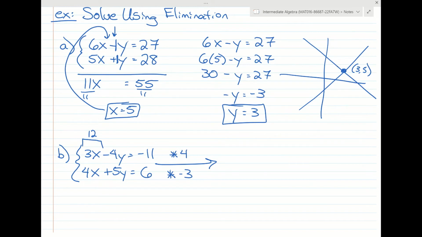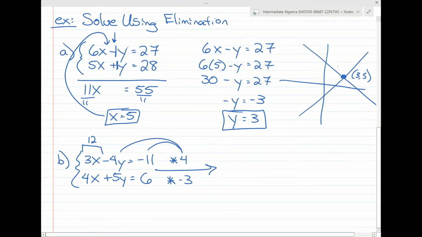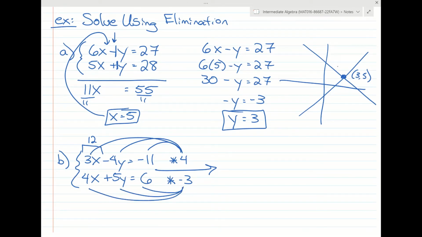If we do that, we're going to have to multiply everything by 4. This would be 12x minus 16y is equal to negative 44. And this would be negative 12x minus 15y is equal to negative 18. We could have also multiplied the y's to get 20s, but sometimes you have options and you just have to make a decision.